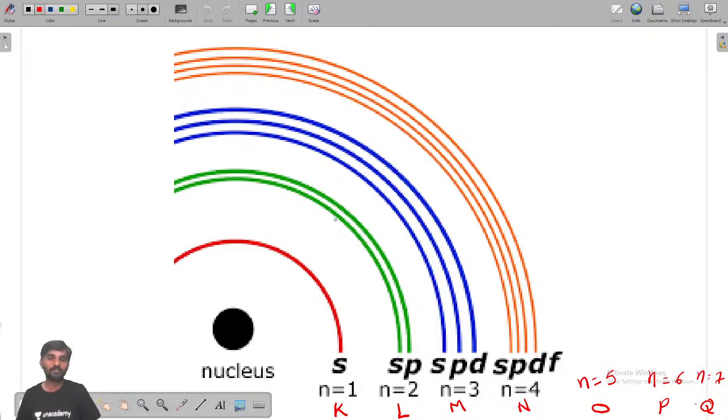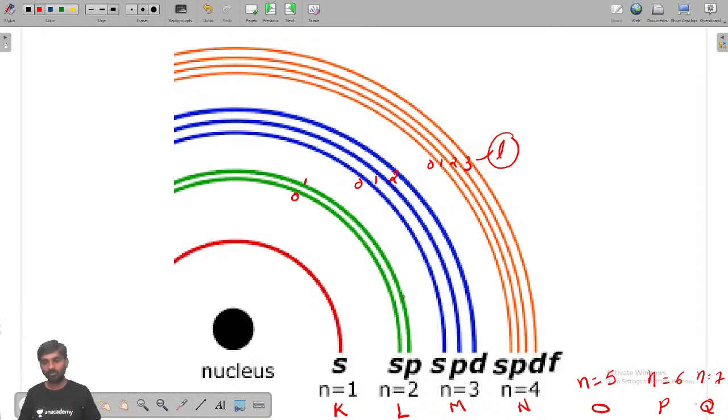Clear? This is the 0 subshell, this is the 1 subshell, then 0, 1, 2 subshells, then 0, 1, 2, 3 subshells. These levels show the increasing value of L. Is it clear?